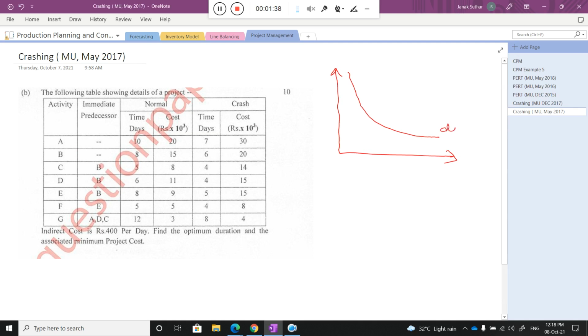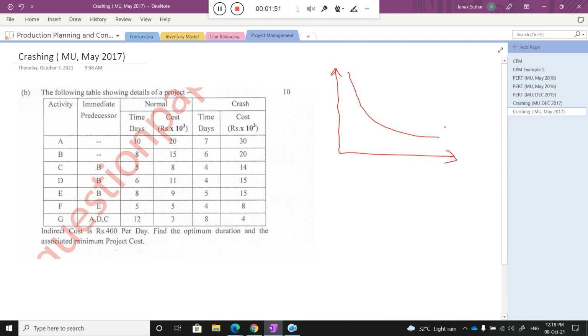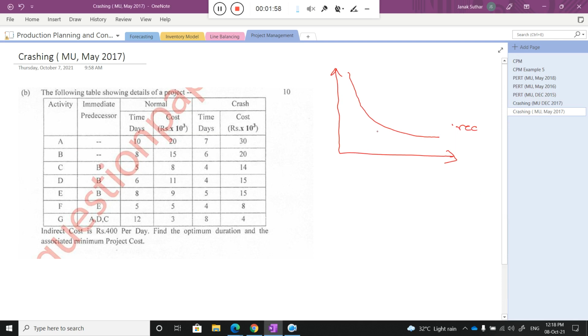That is the direct cost, and it is always related to each activity. So I will write here. This line indicates the direct cost.